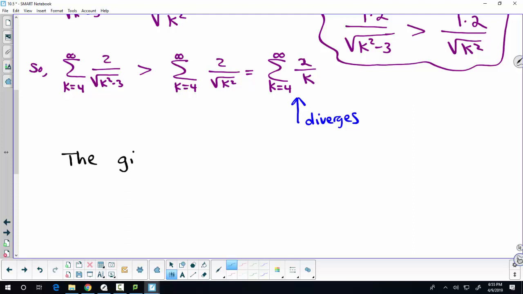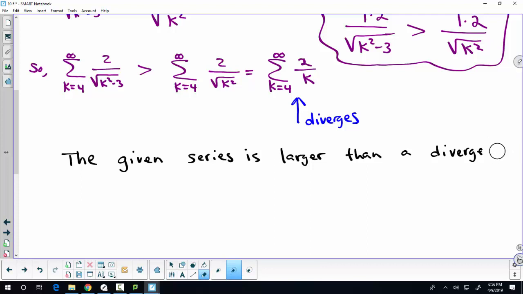Just summarize: the given series is larger than a divergent series, which means it also diverges.